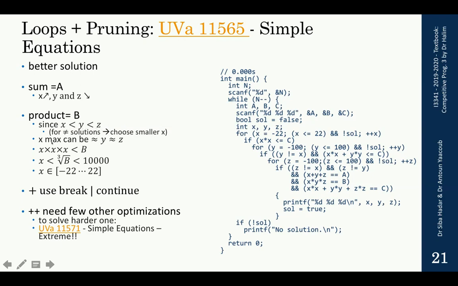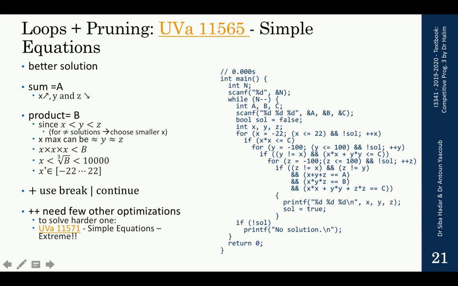So the maximum value that x can take is at best equal to y and z. So if we replace, we shall have that the product of x by itself 3 times is less than the product of x times y times z, and therefore less than b.